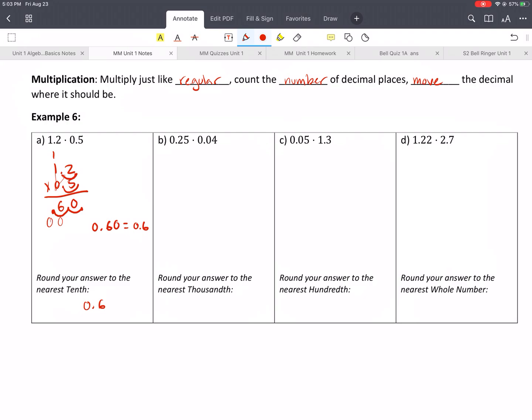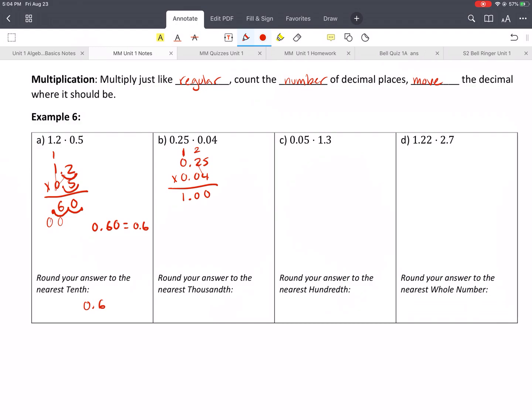All right, next one we can do the same sort of thing. 0.25. Multiply that by 0.04. So we got 4 times 5 is 20. 4 times 2 is 8. Plus 2 is 10. And 4 times 0 is 0, plus what we carried is 1. So that's 1.00.